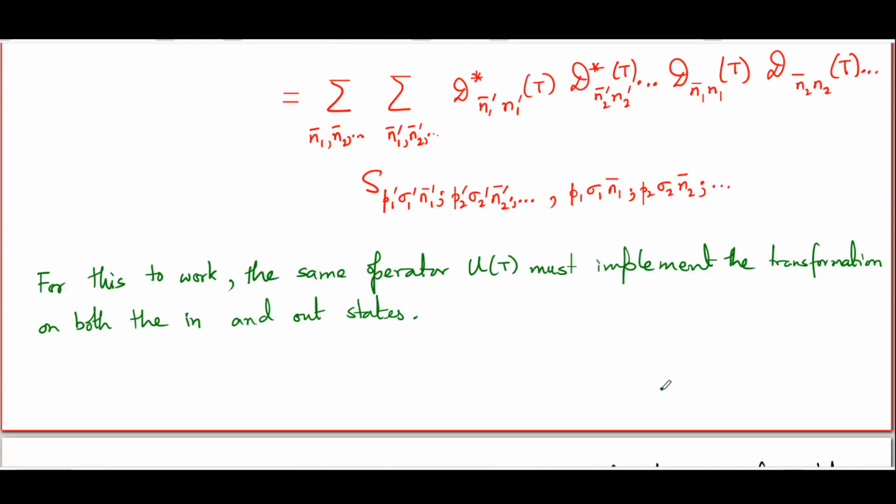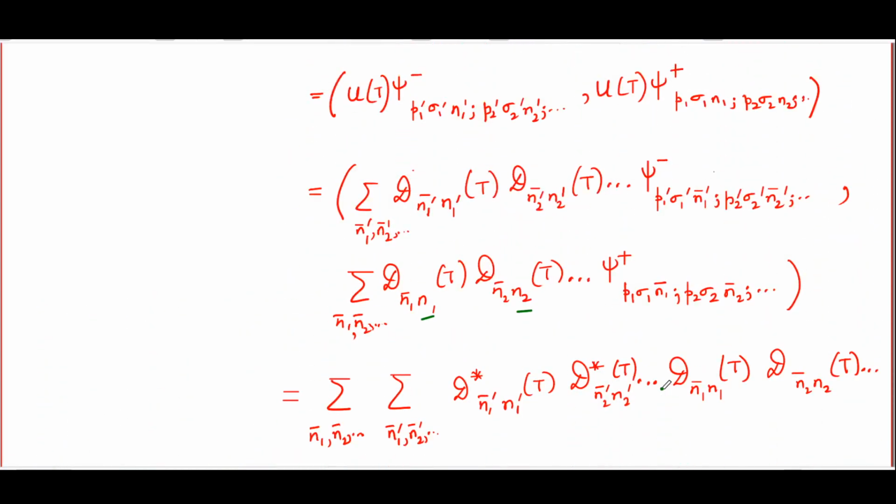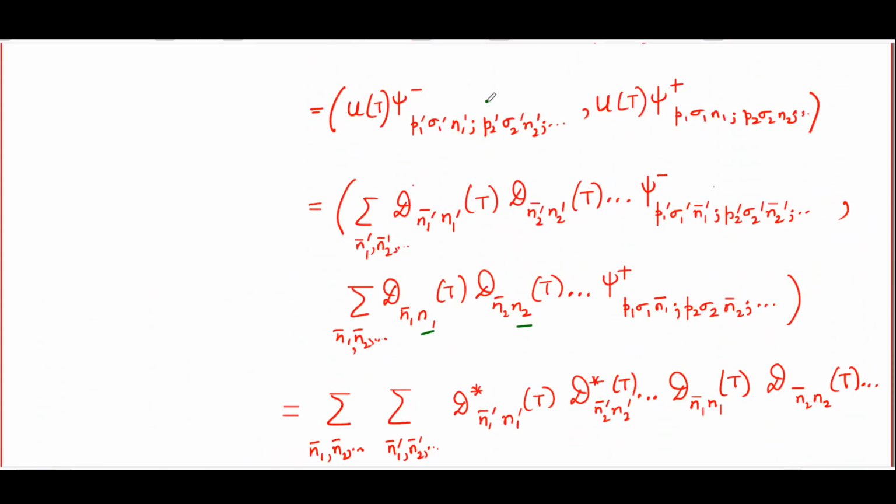Now, there's one very important thing which I took for granted here, which is you're applying a U of T, a unitary operator, on both of these states. And the action of U of T on both of these states follows the same basic pattern. Now, this happens only if you have the same bunch of operators U of T which act on both the in and the out states. Let me remind you that this was an issue which we discussed in the last lecture as well. The in states and out states would definitely furnish representations of our transformation.